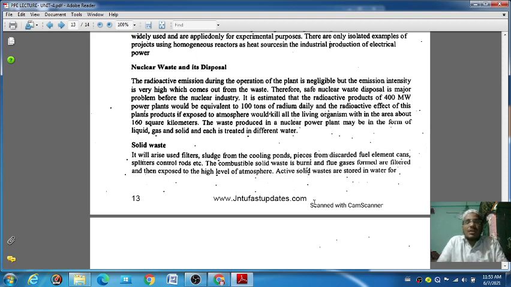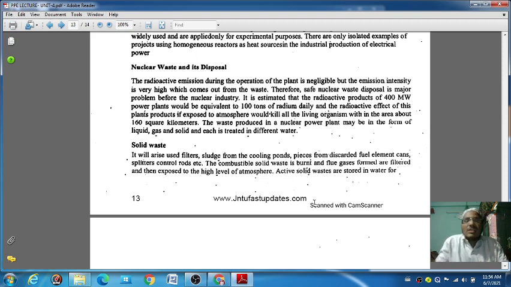Some radioactive emission will occur, and we have to make it negligible by the emission process, because the level coming out from the waste is very high, and therefore safe nuclear waste disposal is a major problem before the nuclear industries.